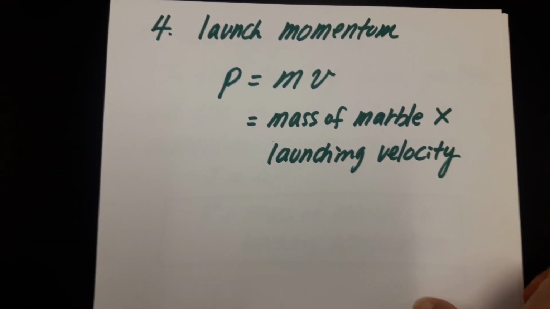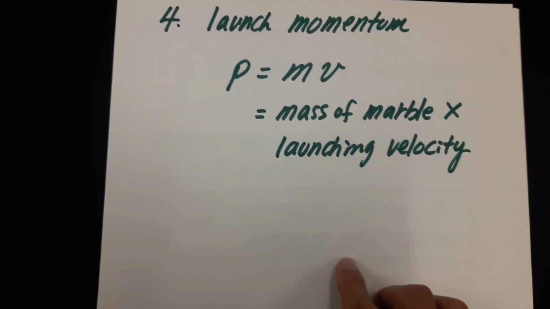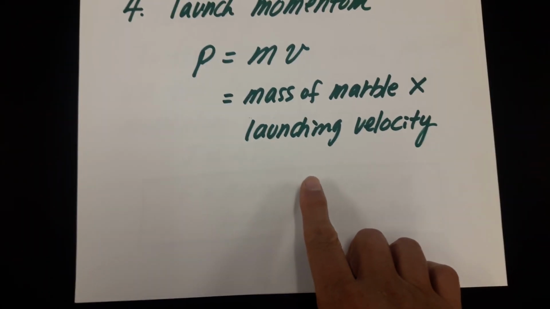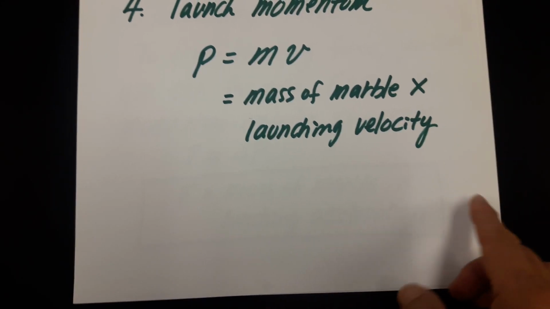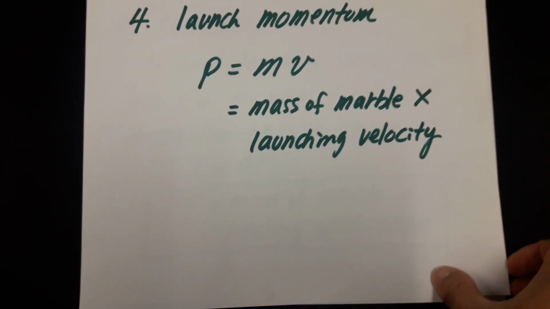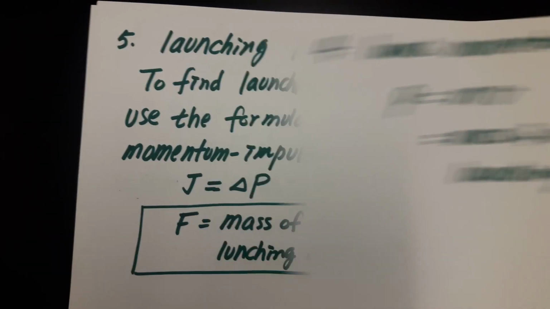Launch momentum. So the formula of momentum equals product of mass and velocity. So mass of marble is 0.004 times launching velocity, which you got from the first calculation.